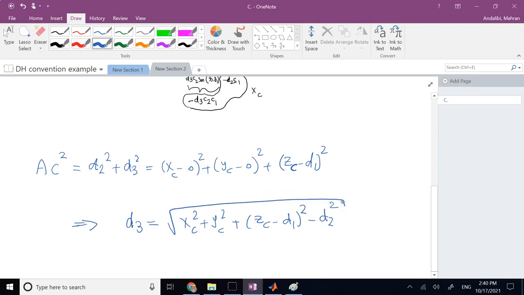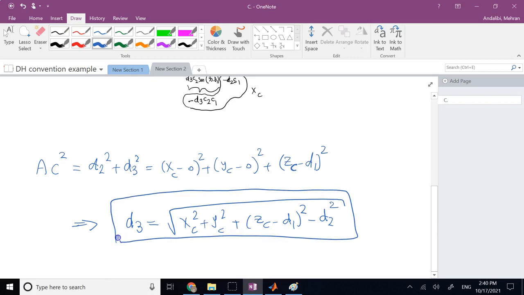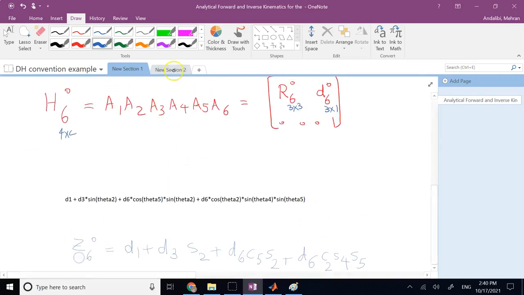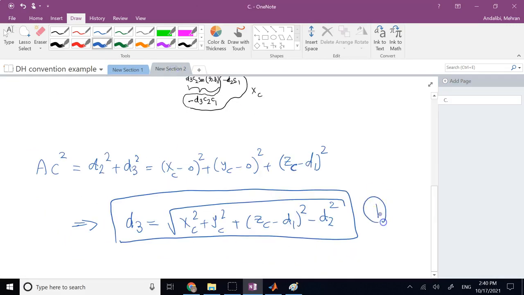Right? So that is your d3. Here we go. This is what I found, and I don't have any equation number, so I call it equation number 1.